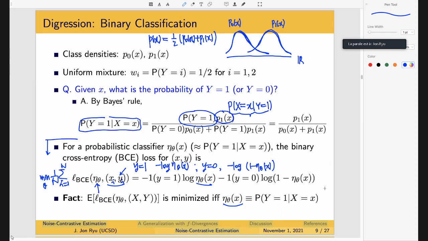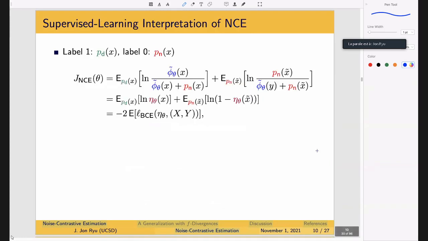Then we can interpret the noise contrastive estimation based on this framework. I'm gonna plug in the data generating distribution for class 1 and the noise distribution for class 0. And if you recall the NCE objective function, this is the expression.